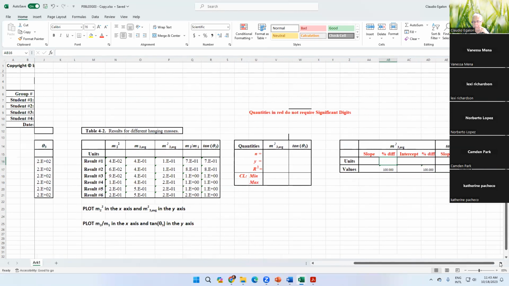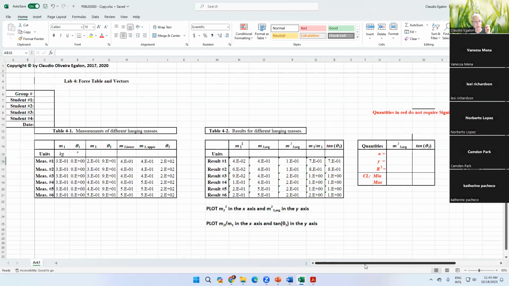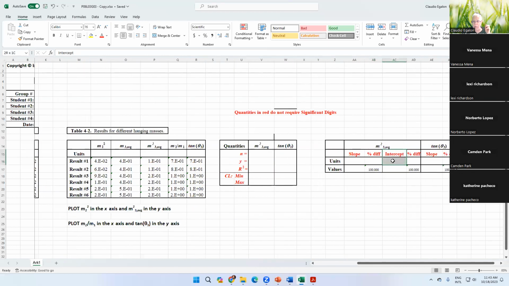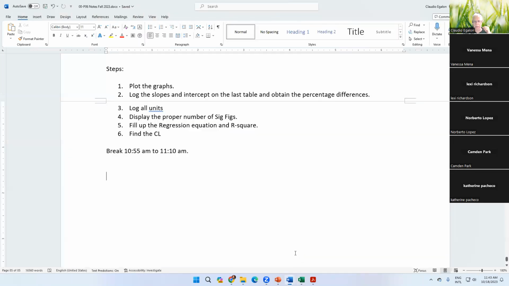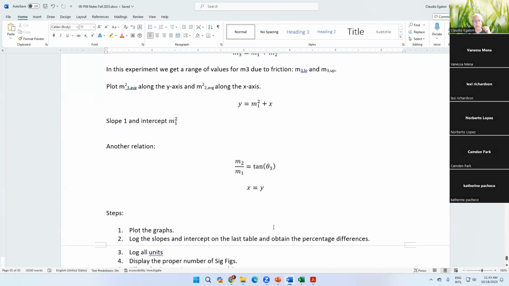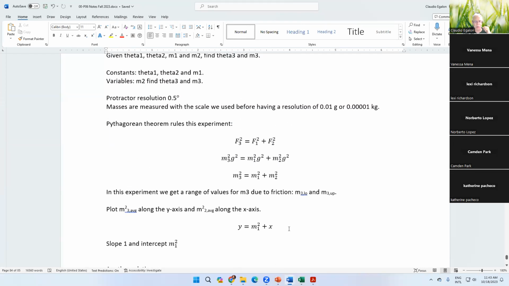Intercept is y. Do I need to type y? No. I want you to look at the data, at the graph, and figure out by yourself what's going to be the unit for the intercept. You can also look at this equation here.